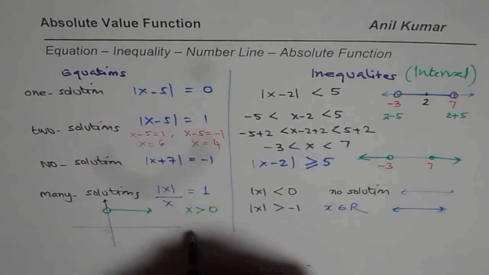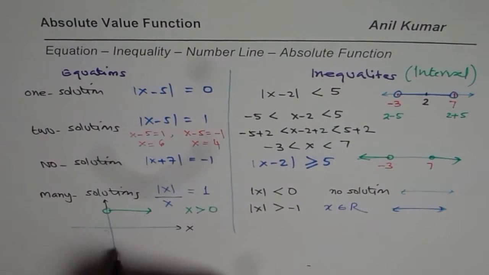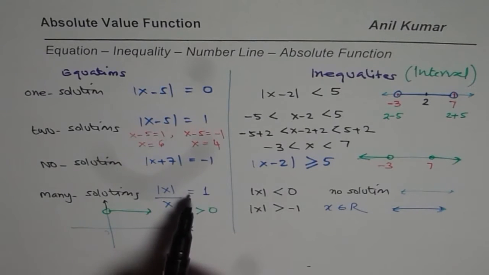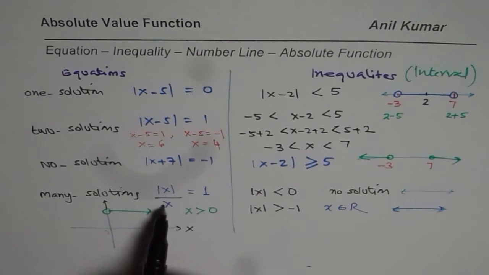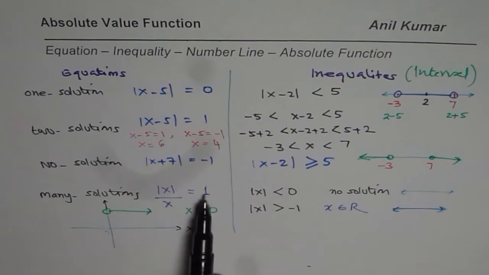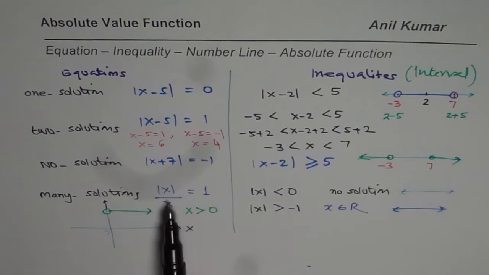So that is our function. These are the values of x. You'll notice that there could be many solutions to an equation also, but the only thing here is that more than one function is kind of involved, right? Then you have situations where we may have many solutions.